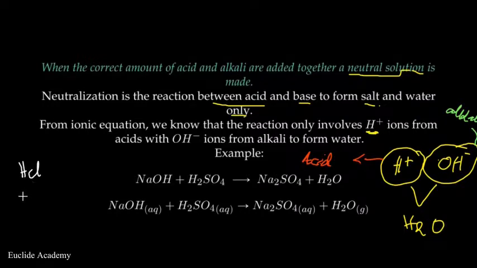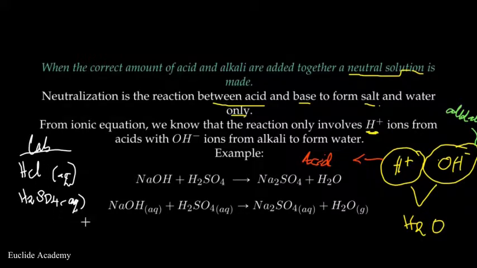Then sulfuric acid, and of course they have to be in aqueous state. And we also talked about nitric acid. These are the most common lab acids that we'll find in the lab even when you're doing experiments.